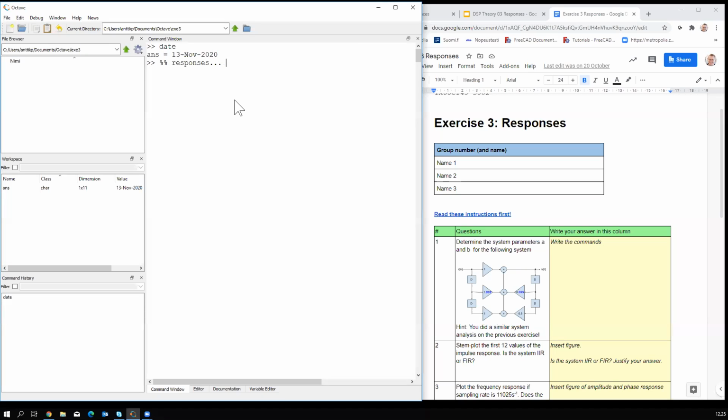Phase response also has one important part, the group delay, especially when frequency dispersion is a critical factor in a system, or if you want to compensate for frequency dispersion. Okay, so responses.